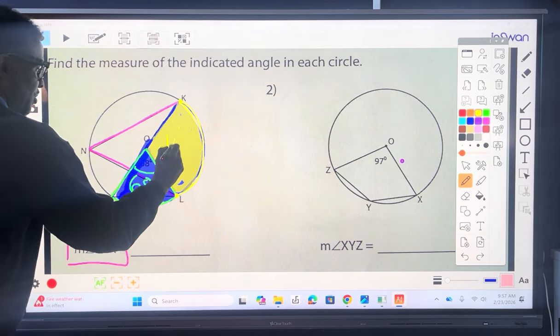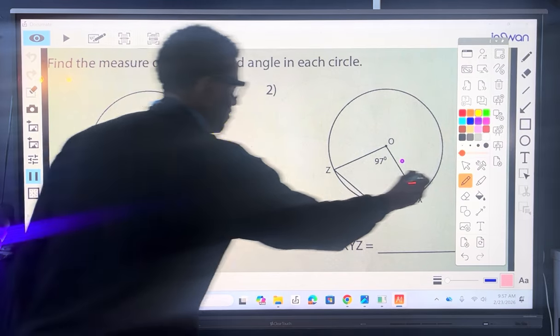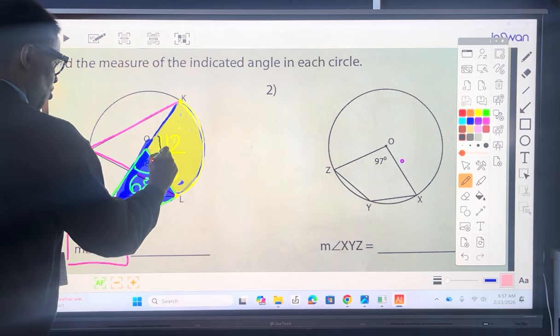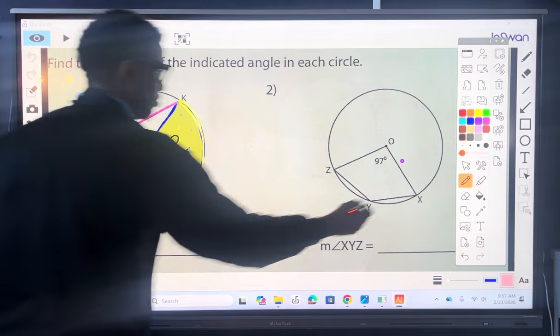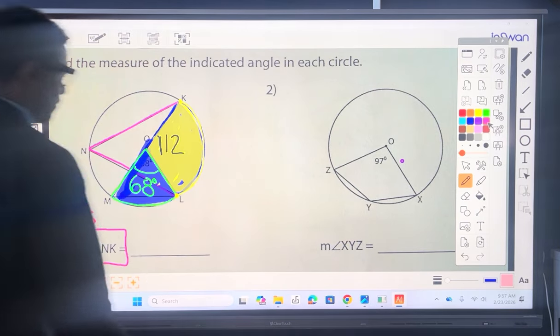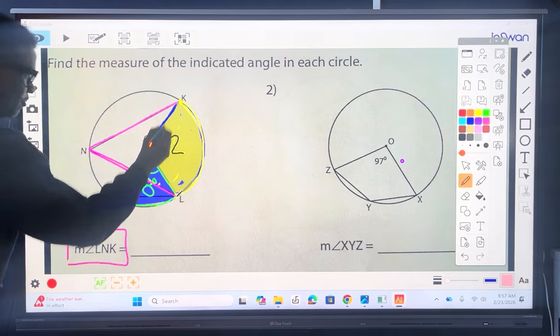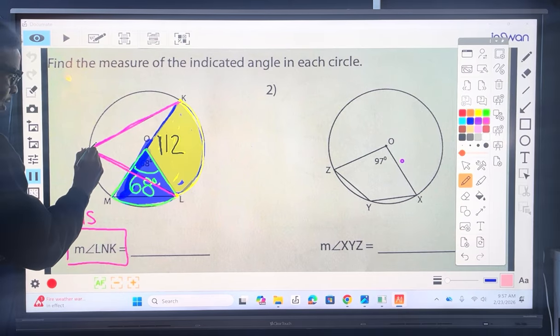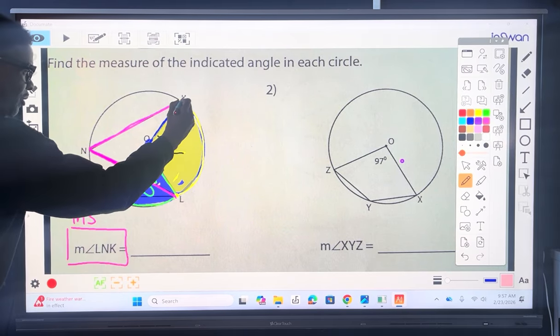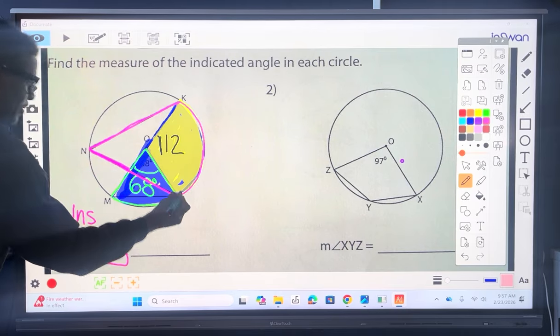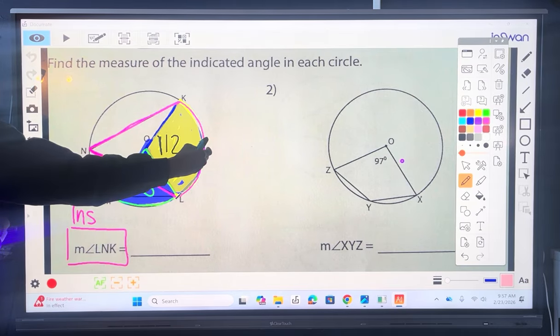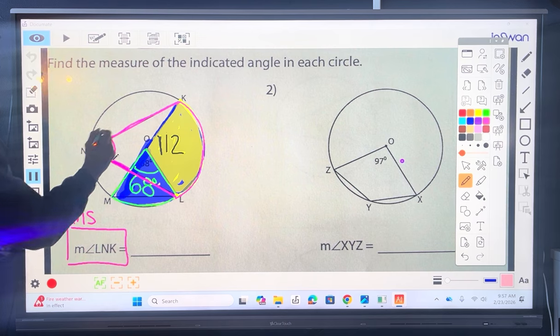Which also falls within our what? You said this is 112, but that falls within the shadow of our inscribed angle. So if the central angle is 112, what would our angle N be?